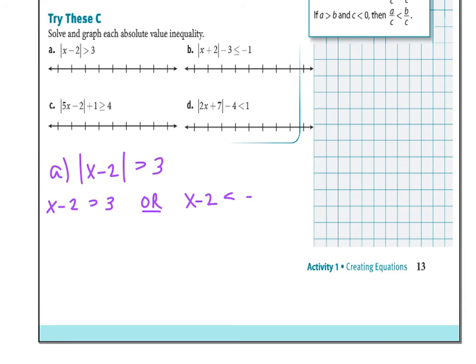So I flip the inequality and I make that negative. It's just like the equations, except we had an inequality that needed to be flipped. Then we solve both. As normal, we're going to add 2 to both sides. x will be greater than 5, or adding 2 to both sides here, x will be less than negative 1. In this case, let's just get our number line together.